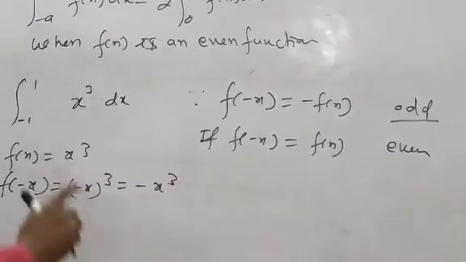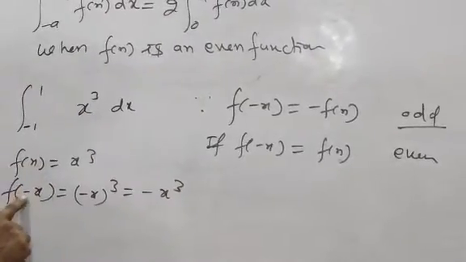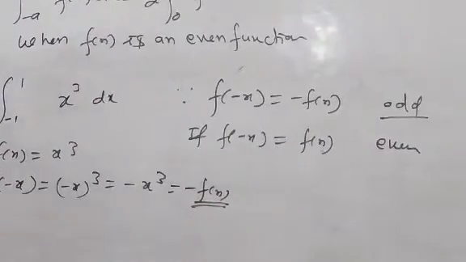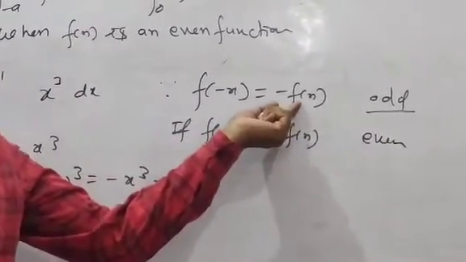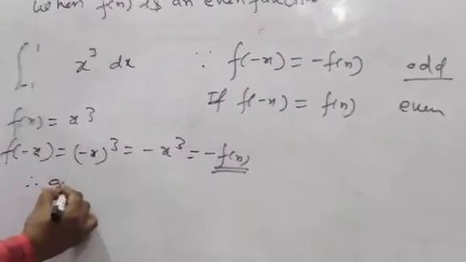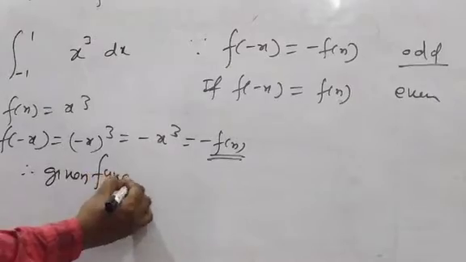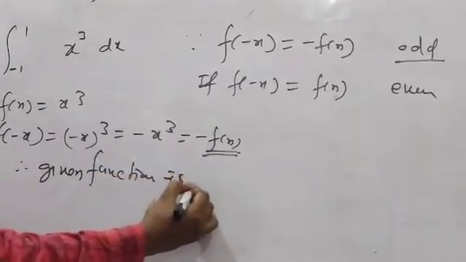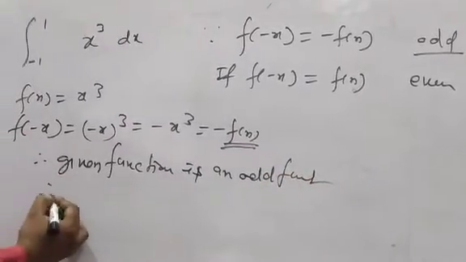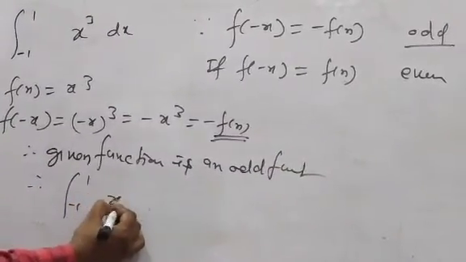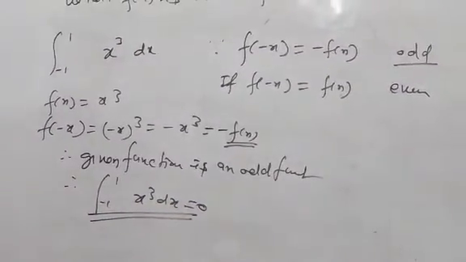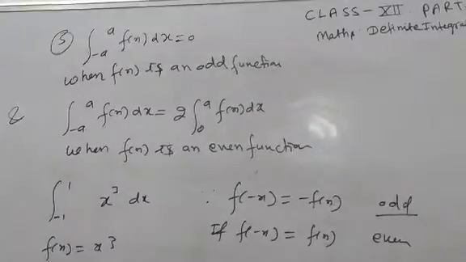Clear? Very simple. In the place of x we put minus x. Now we get minus f(x), so the given function is an odd function. Therefore integral minus 1 to 1 of x cube dx is equal to 0. Now this is the answer. Any problem? No. Very good.